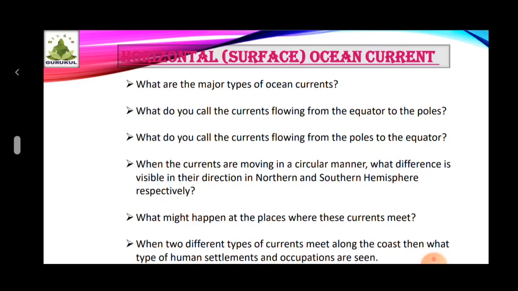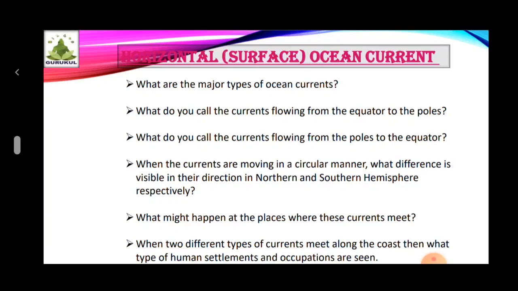Second question: what do you call the currents flowing from the equator to the poles? And the answer is, the currents flowing from the equator to the poles are called the warm ocean currents. The next question: what do you call the currents flowing from the poles to the equator?